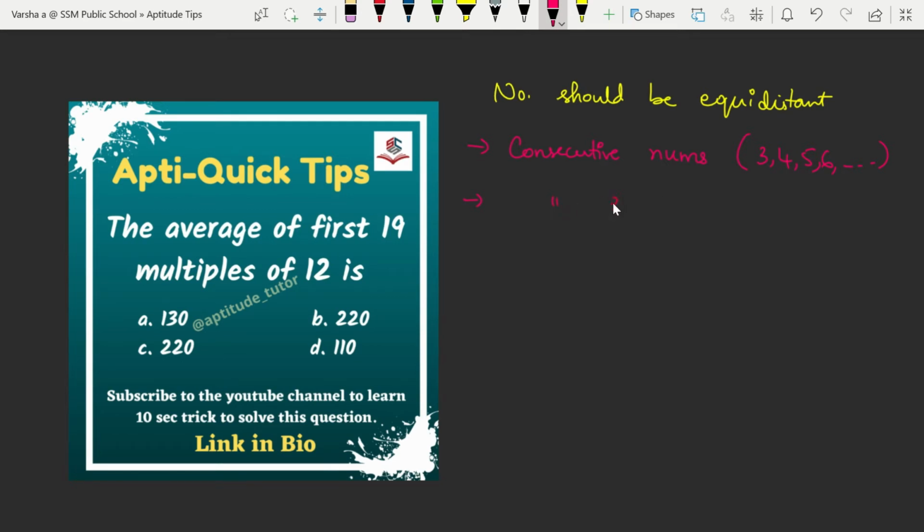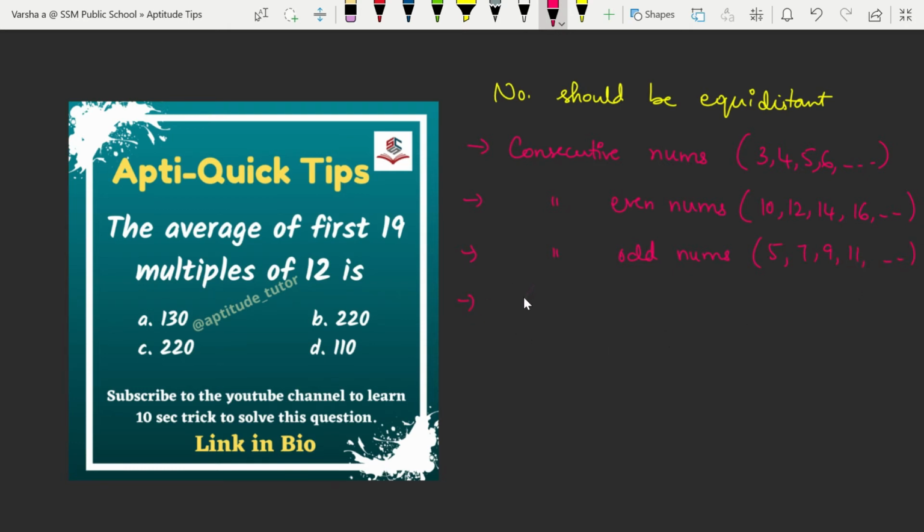We have consecutive even numbers, which are something like, if I start from 10, it's going to be 10, 12, 14, 16. So these are consecutive even numbers. We can have consecutive odd numbers. If I start from say 5, it's going to be 5, 7, 9, 11.